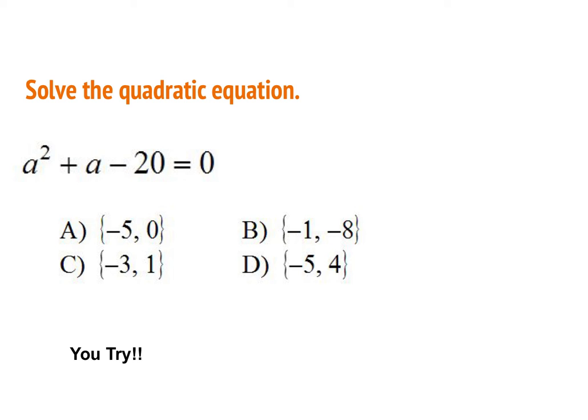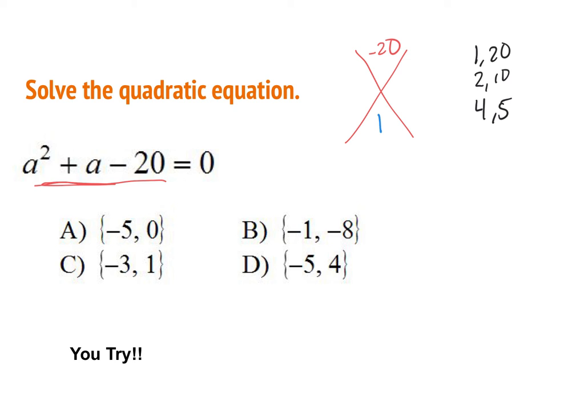Okay, so the very first thing is to factor out your polynomial. So my magic x, 1 times negative 20 is negative 20. My b term is just positive 1. I am going to list factors of 20. So 1 and 20, 2 and 10, 3 does not work, 4 and 5, and I see that 4 and 5 might work.